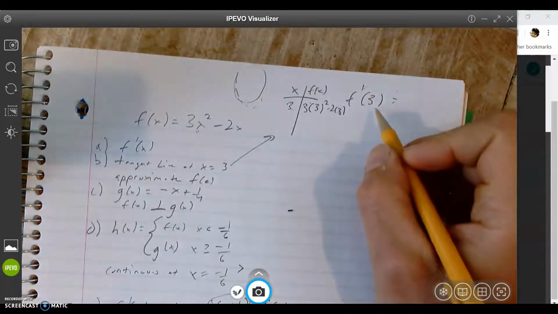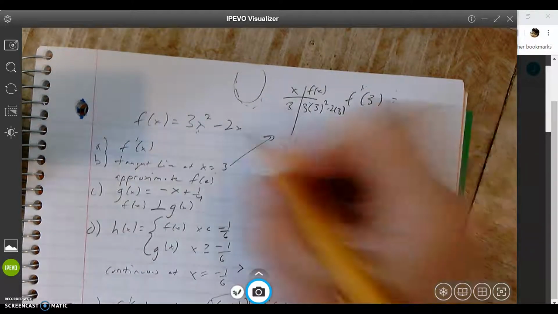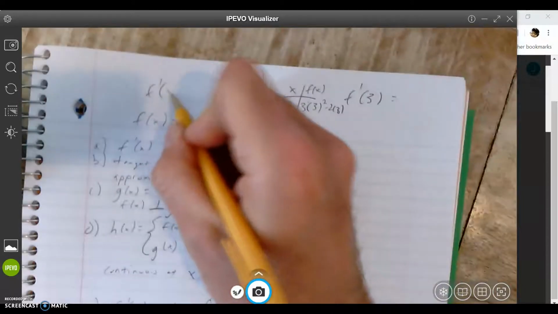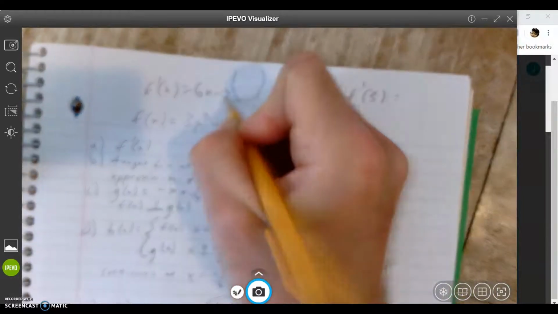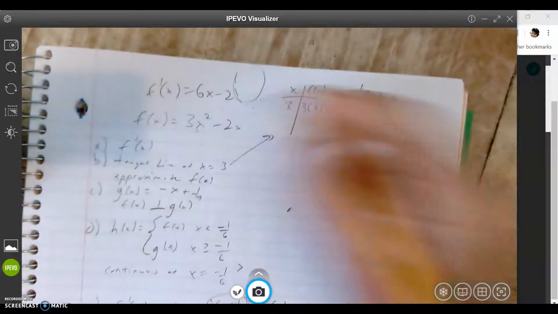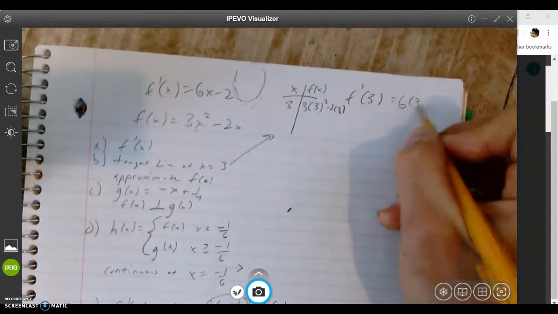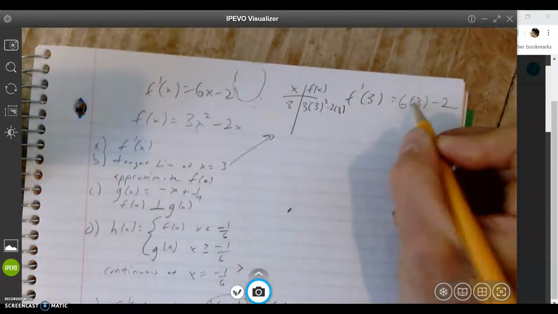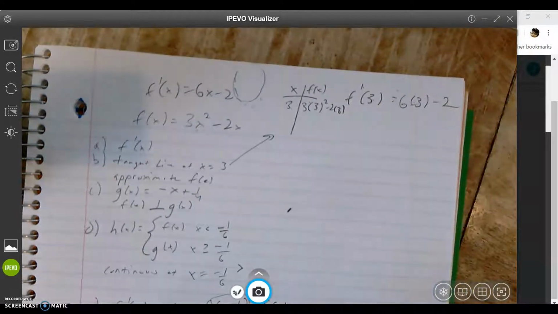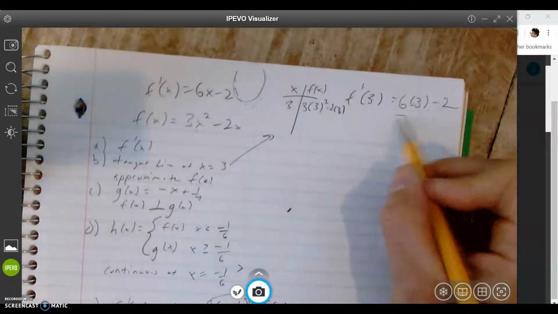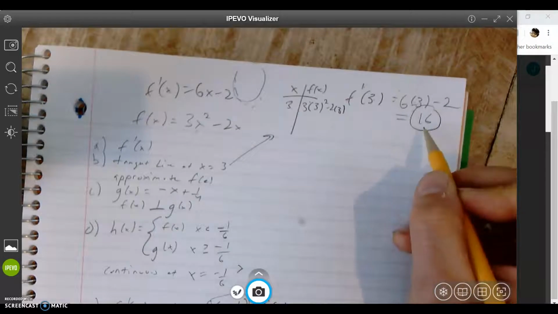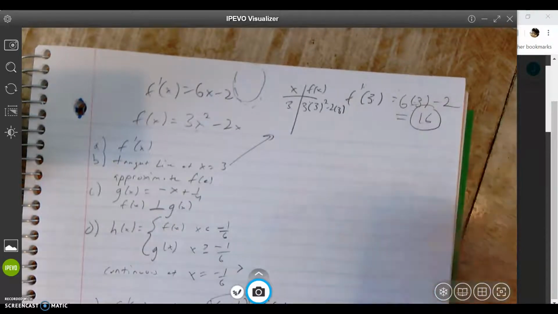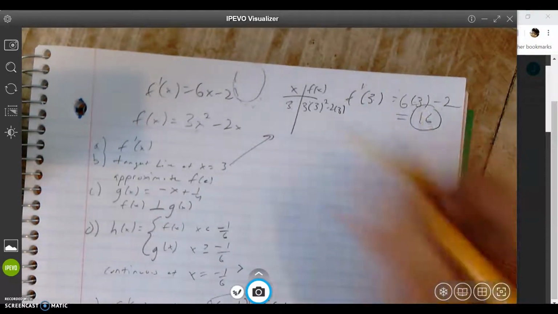I just plug in 3 into my derivative, which I got before on part A, is 6x minus 2. So this is going to be 6 times 3 minus 2, and that's going to give me the slope at x equals 3, which is 18 minus 2, which is 16. So the slope is 16, so that's up 16 over 1. It's a pretty steep slope.